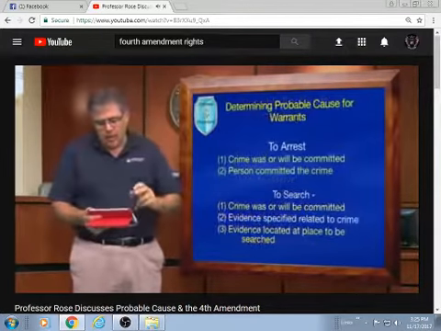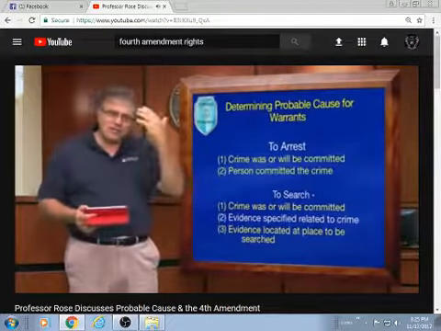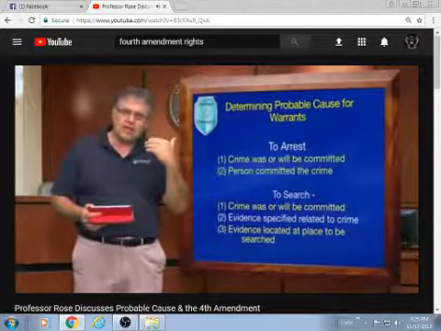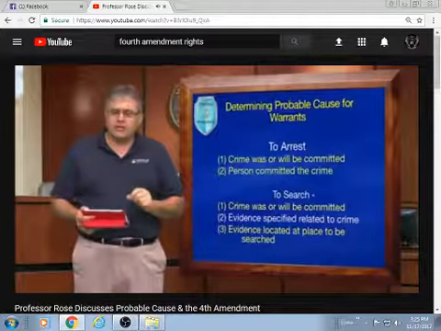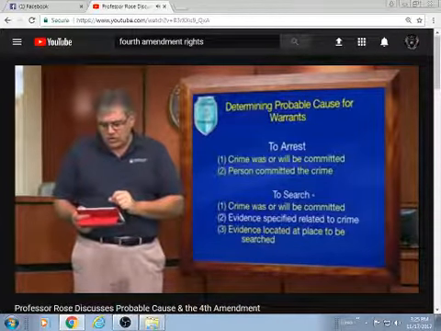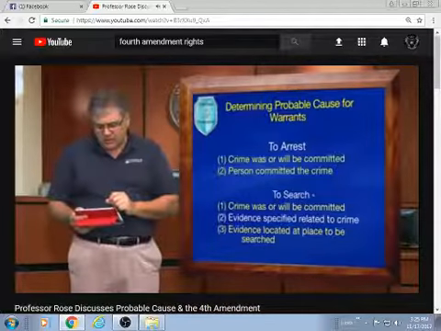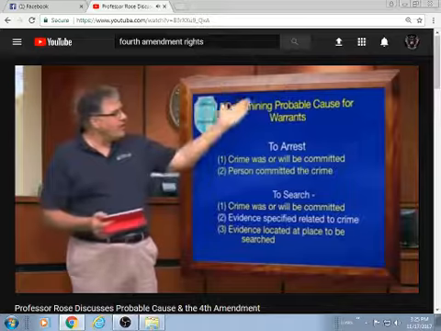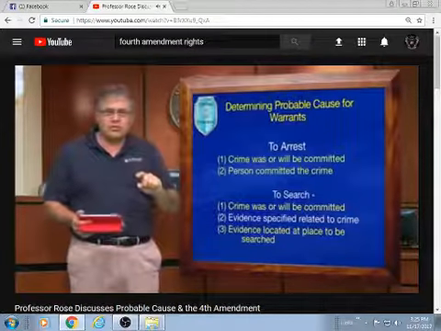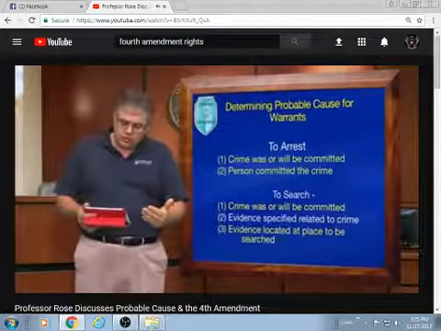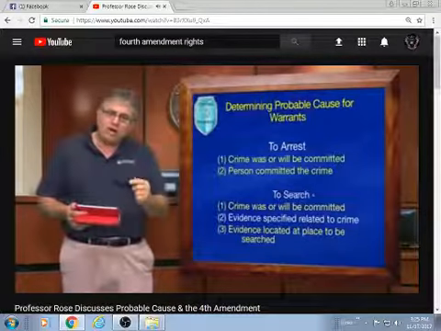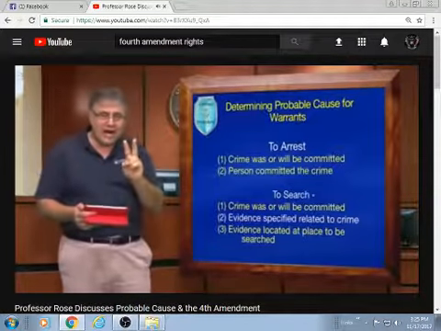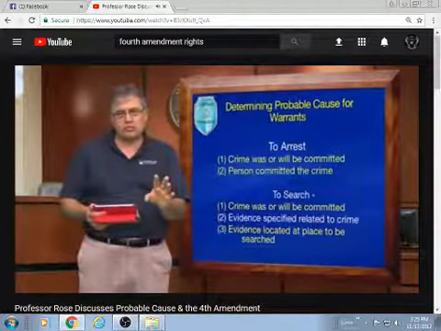Now, once I've established in my head from a general perspective how probable cause works, then I should start looking at the two types of probable cause situations I have. And I've got them up here on the slide for you. One is to arrest, and the other one is to search. Probable cause to get a warrant to arrest someone, I have to show two things to the magistrate.